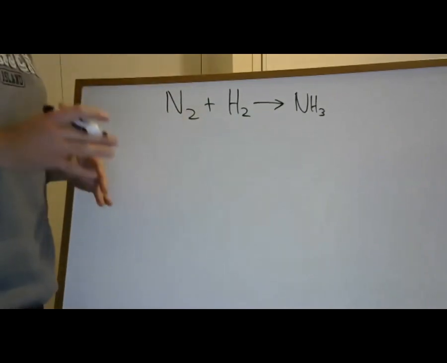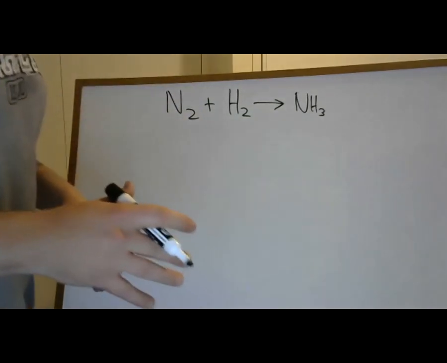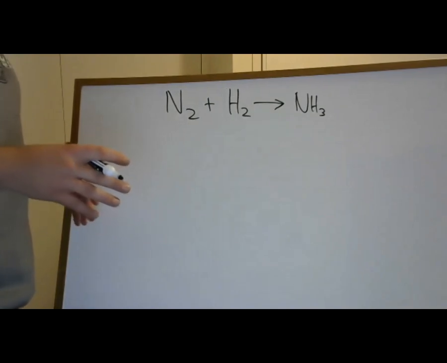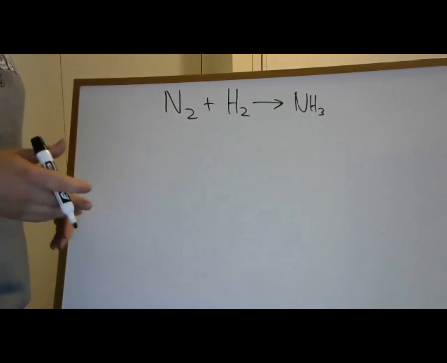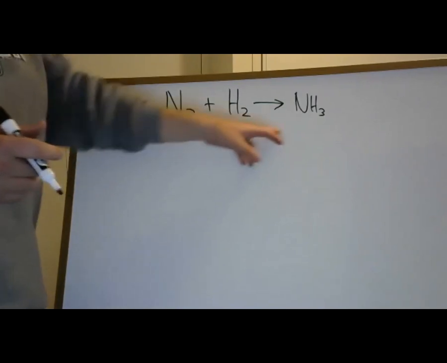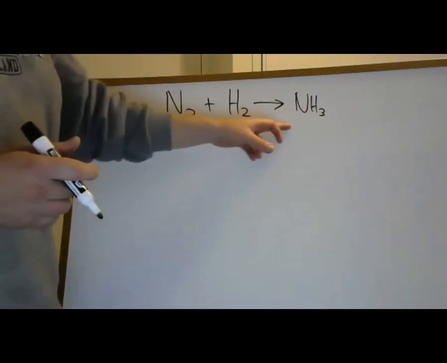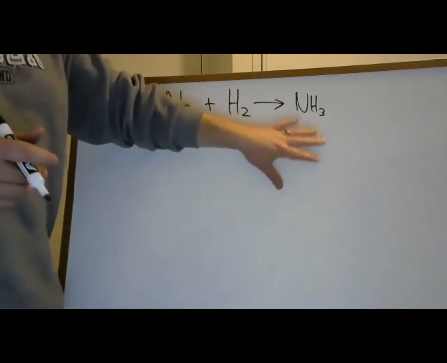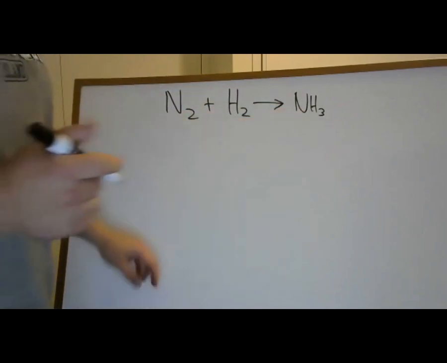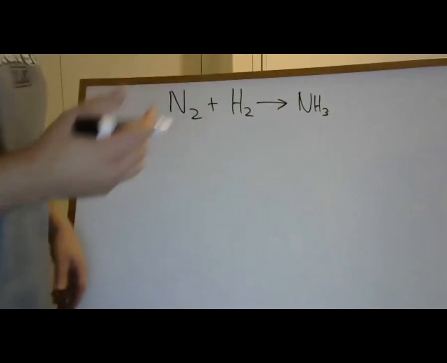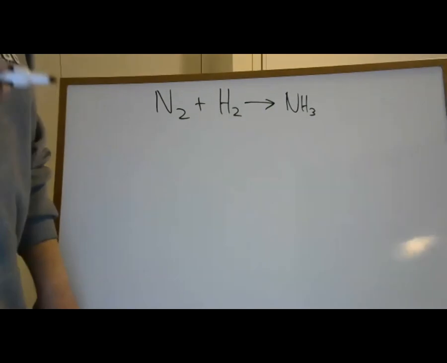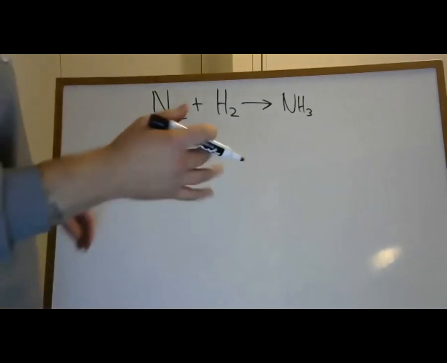This is called the Haber process, developed by a German chemist and basically brought the world out of food poverty. Ammonia, if you add nitrate onto that, becomes ammonium nitrate, and it's used in fertilizer. The guy that created it was also a Nazi who created chemical weapons, but take the good with the bad.